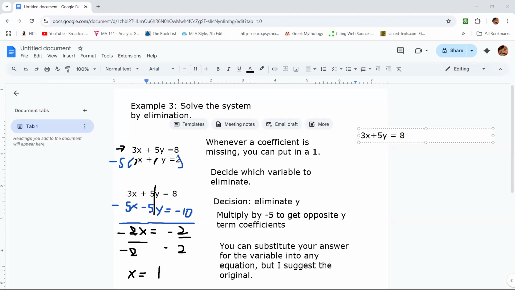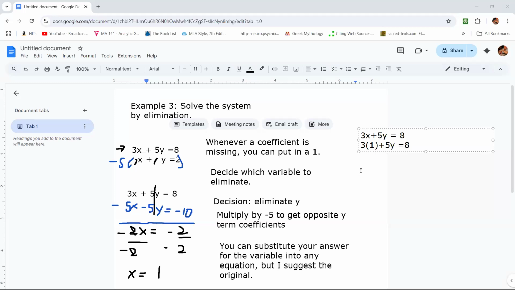And I'm going to say, I know that x equals 1 because we did that. 3 times 1 plus 5y equals 8.